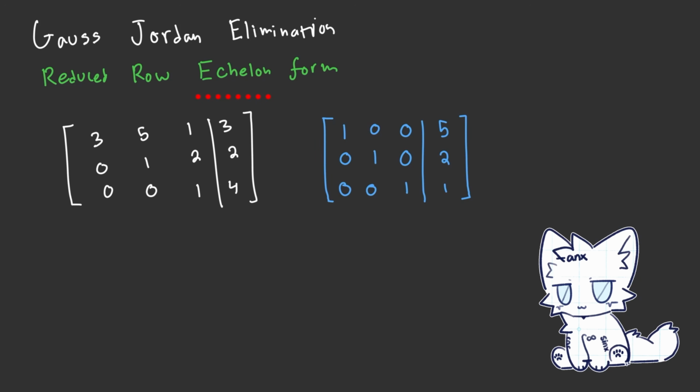So, first criteria, let's write that down. The leading entry in each non-zero row is 1.